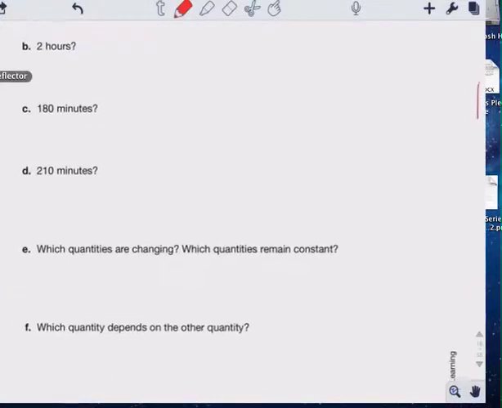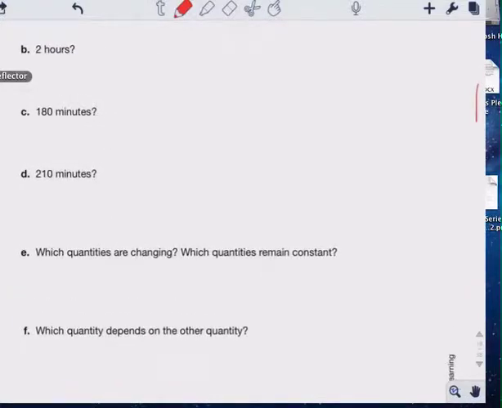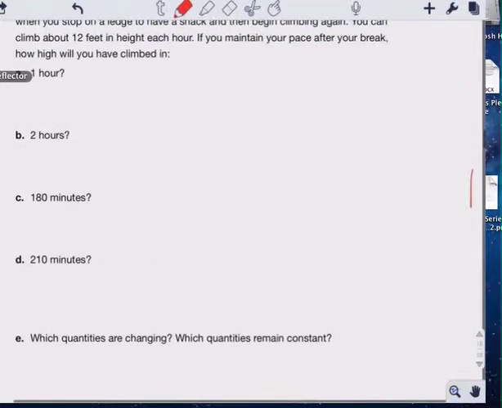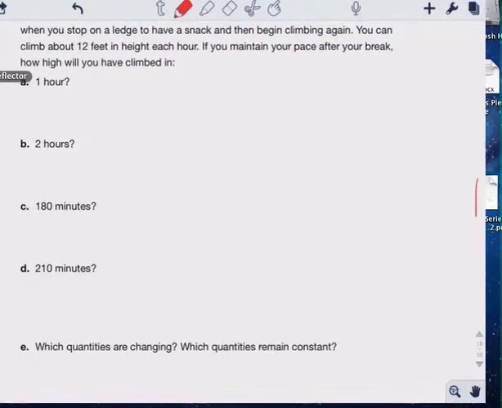Okay, work on this, please. For number C, I got 72. Okay, for C, you got 72. The first one, you got what? I got 36 plus 12 equals 48.